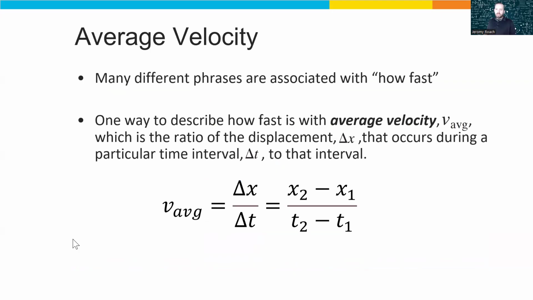Now, our average velocity, how fast something is going, depends on the displacement. So we take our change in displacement, we subtract the first position from the second position, and we divide by our change in time. So we get change in x over change in time, or delta x over delta t gives us our average velocity.